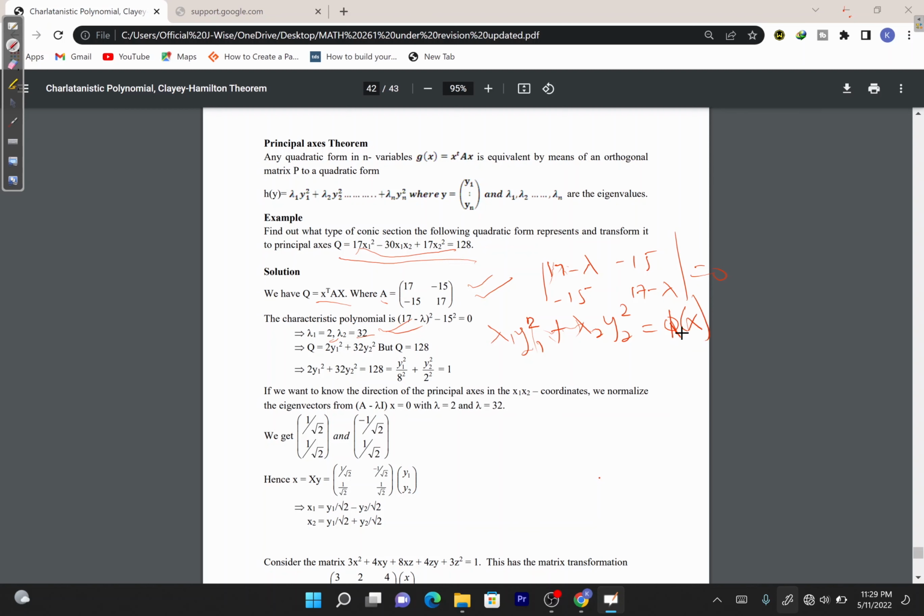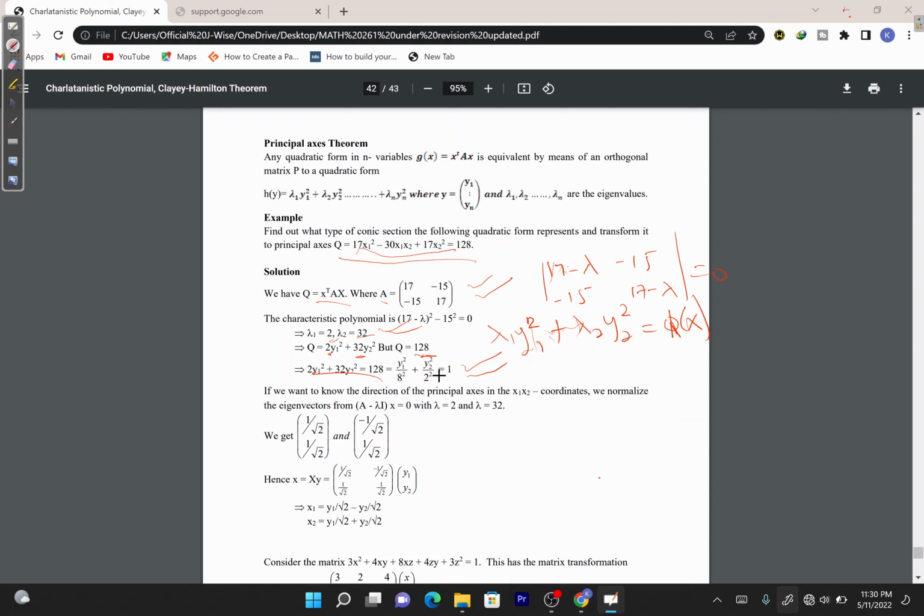Our lambda 1 is 2 and lambda 2 is 32, so we have 2y1 squared plus 32y2 squared equals Q of x, which is 128. We can divide through by 128, and when we do that, we get this. This is the equation of an ellipse.